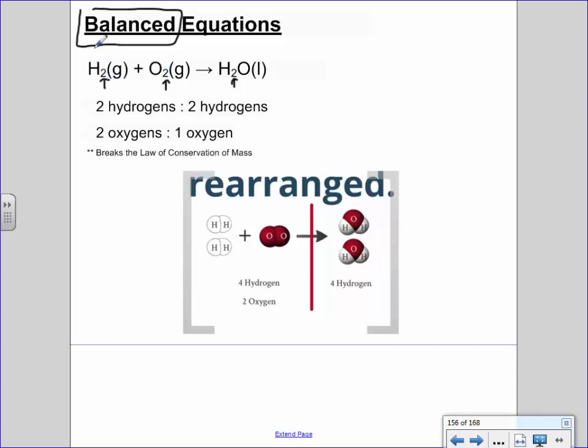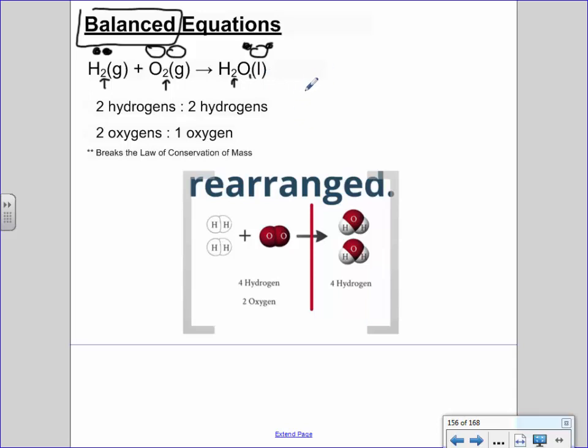So if I were to draw this out, you really have 2 hydrogens. And I want to use an open circle here. You have 2 oxygens right here. That's what we started with, 2 of each. Now, what I produced is water. Water is H2O, which means you need 2 hydrogens and 1 oxygen. We don't write the 1 there, but there's 1 oxygen needed.